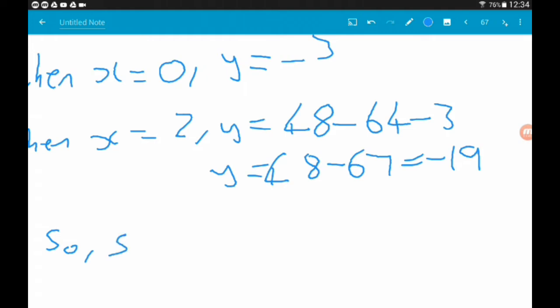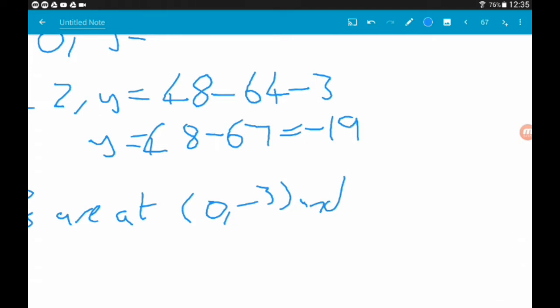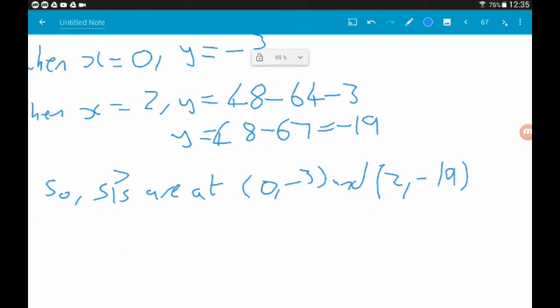So we can now say the stationary points are at (0, minus 3) and (2, minus 19). So what we want to do now is classify each of these stationary points. So we need to find the second derivative.